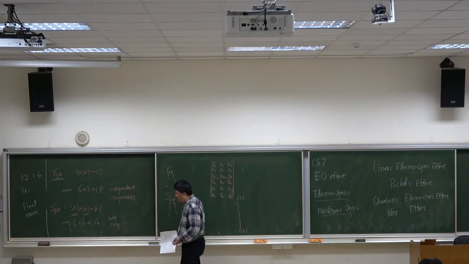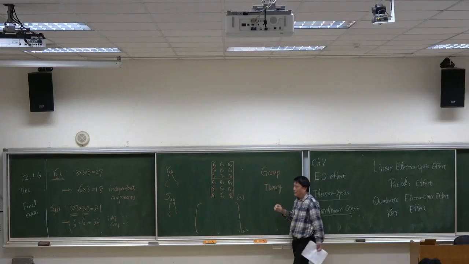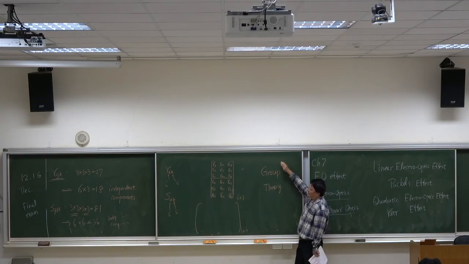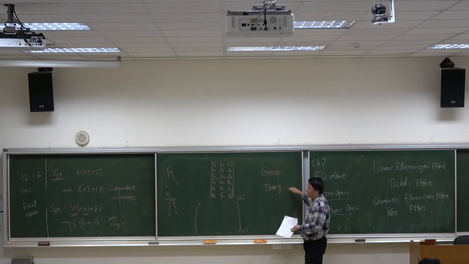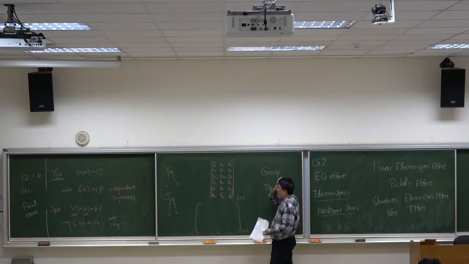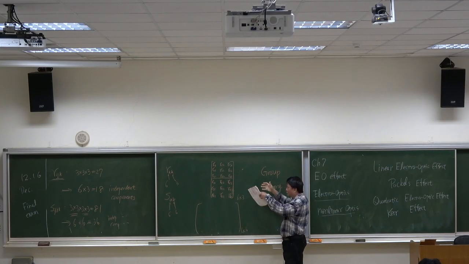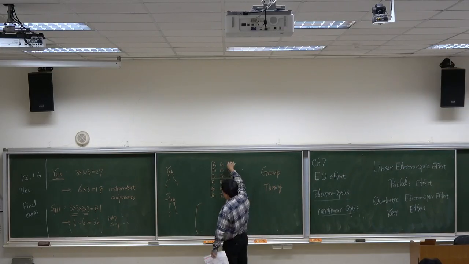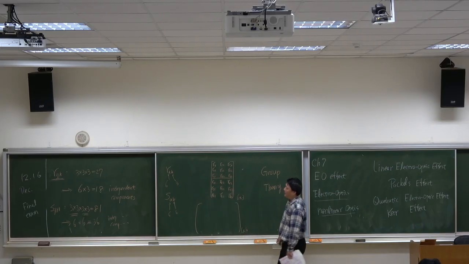There is mathematics called group theory. Some experts can apply some theorem or some method in group theory to study the symmetry of the crystal. And then they can conclude that some components become 0. So if we check the table about Rijk, then you see most of the components are 0.